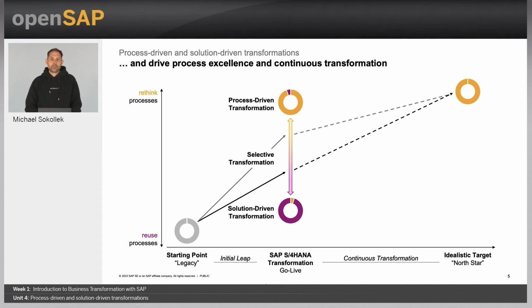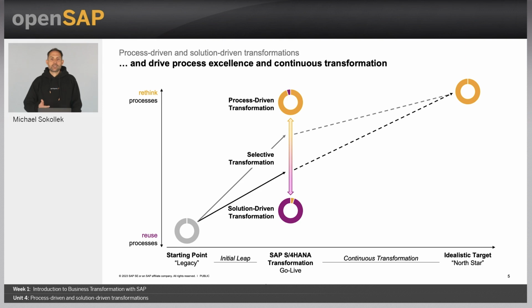While the initial leap is relative to the transformation scenario and influences the number of processes customers rethink, the transformation will not stop once the customer has gone live. SAP Signavio supports, therefore, not only every step of the transformation to SAP S/4HANA, but also drives process excellence and continuous transformation.